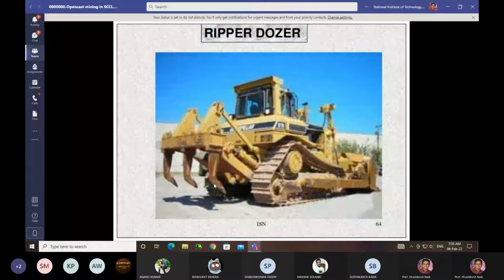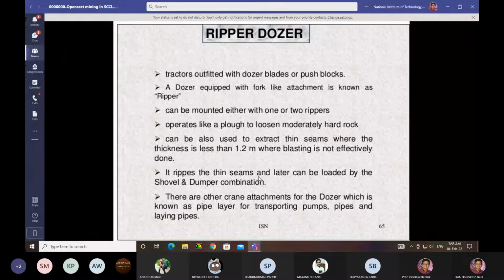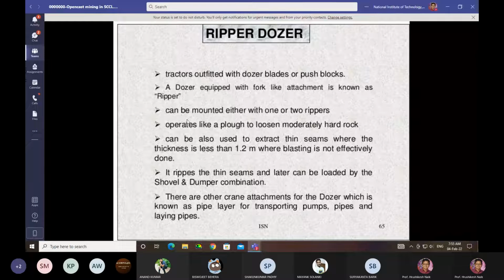So the reaper dozer is nothing but a tractor outfitted with dozer blades or push blocks. A dozer equipped with fork-like attachment is known as a ripper. It can be mounted either with one or two rippers. It operates like a plow to loosen moderately hard rock.